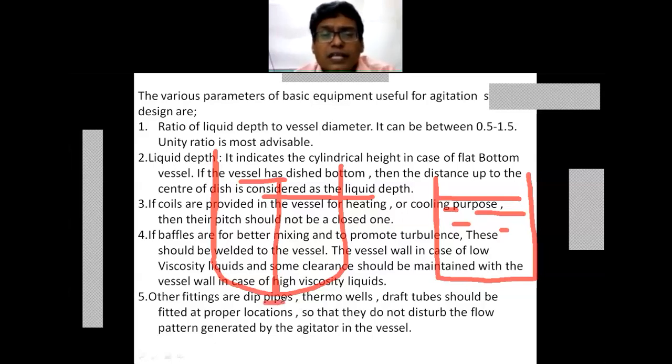Then if coils are provided in the vessel for heating or cooling purposes, their pitch should not be closed. The coils will be around the shaft, but the shaft and the impeller should not touch these coils.